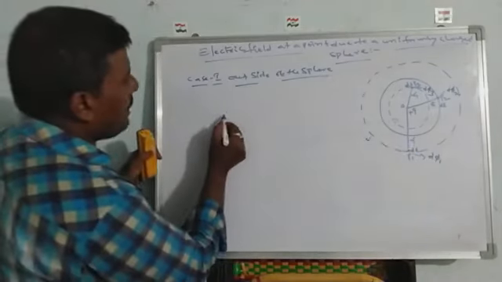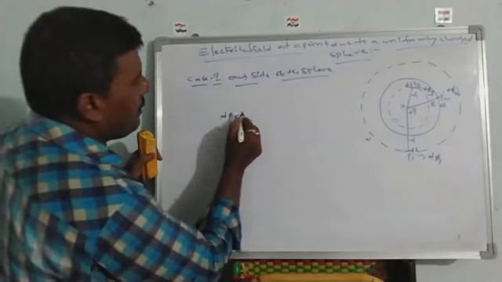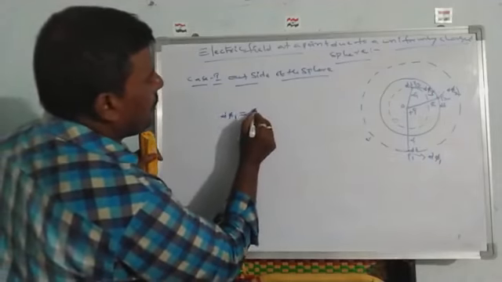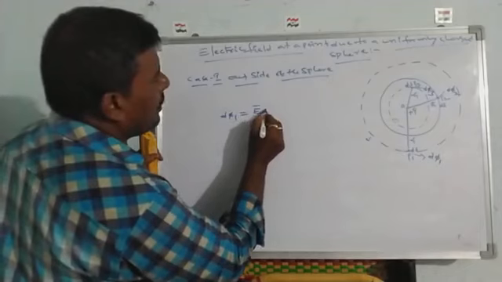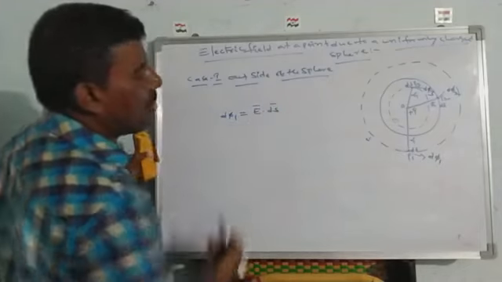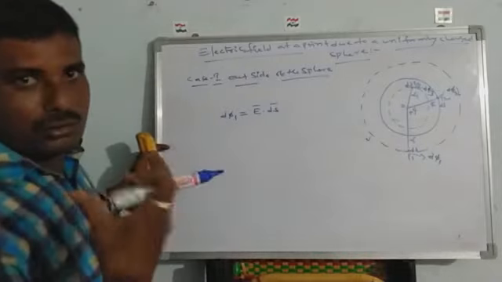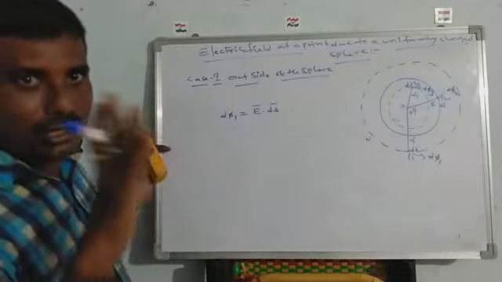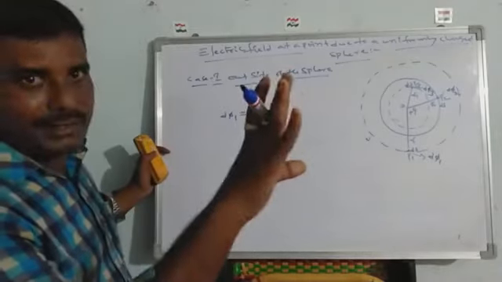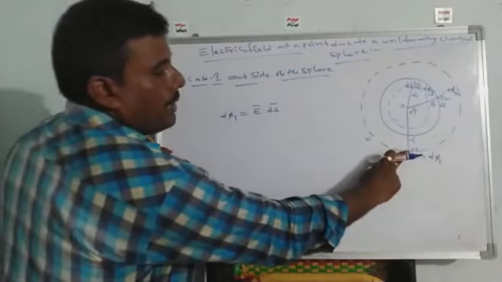So d phi 1 equals E bar dot ds bar. We want to calculate the total flux at the point P1.